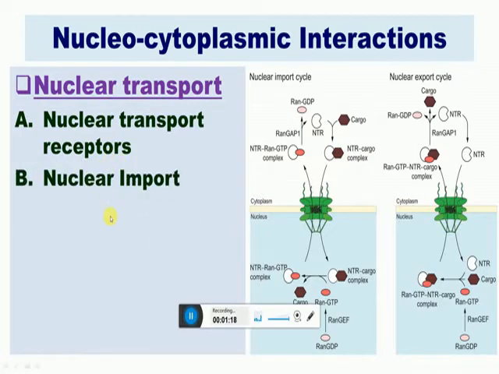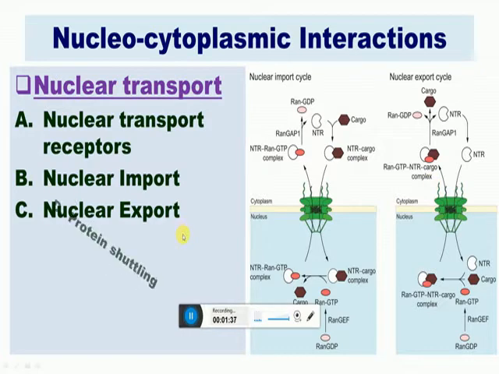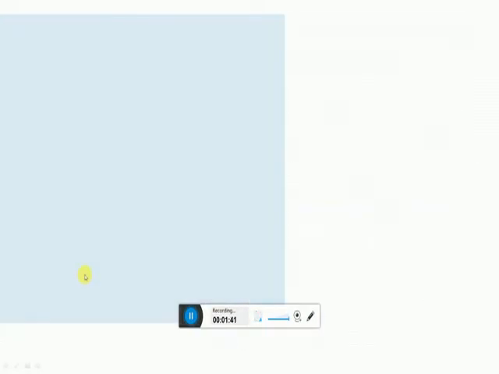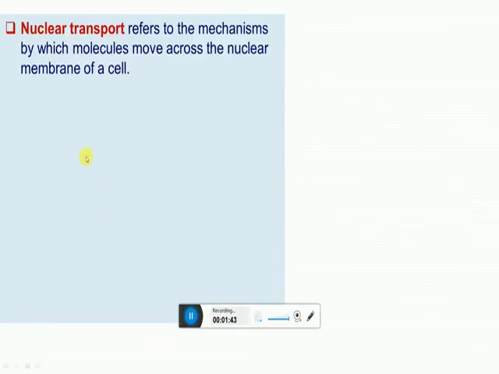That receptor we are going to see in this part. This transportation is two-way. One is nuclear import, meaning substances from the cytoplasm into the nucleus. Substances from the nucleoplasm to the cytoplasm, that is nuclear export. Then protein shuffling, it is the additional part. This part we are going to see in this lecture.